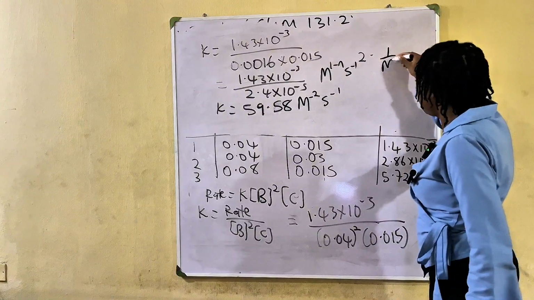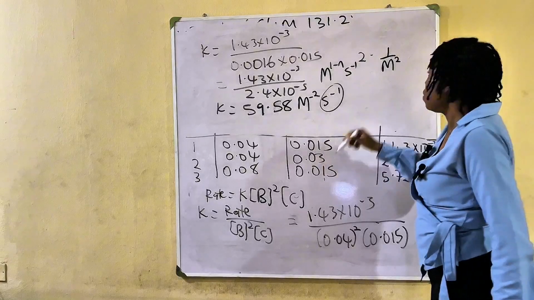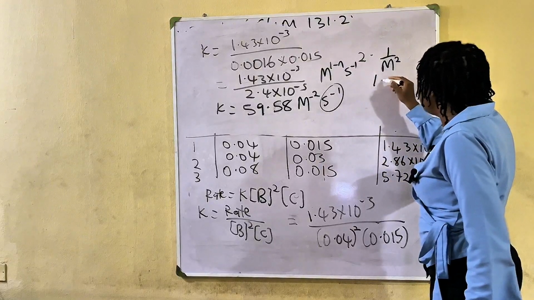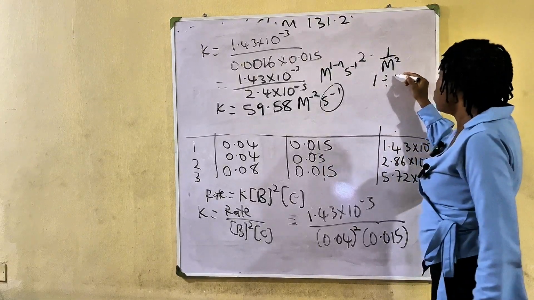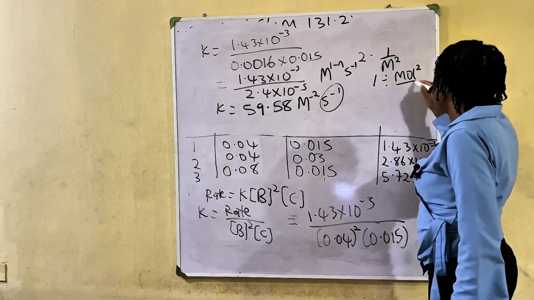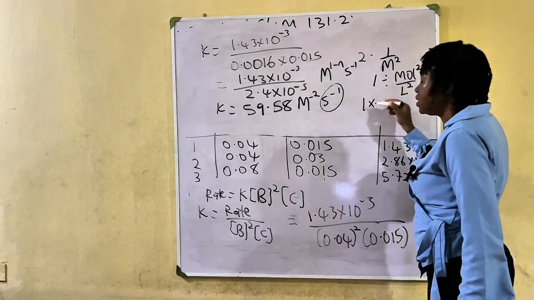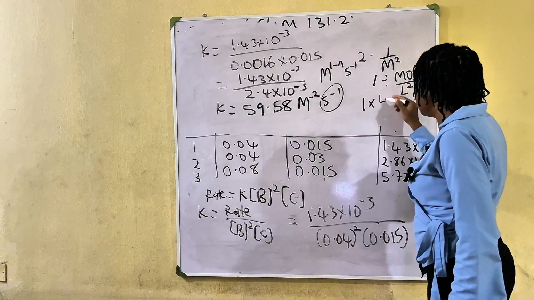Or what if you are expected to put the answer in mole per liter, mole per dm cube? 1 over, this one is constant. Let me just work with it. So instead of saying 1 divided by mole, this is mole square per liter square. When I put times, I'll invert it.